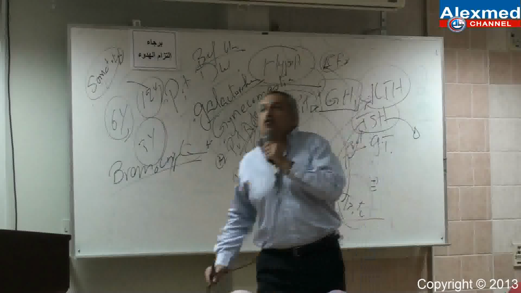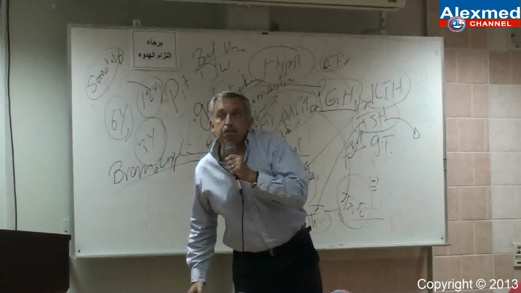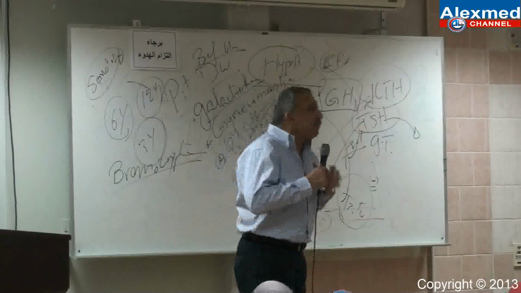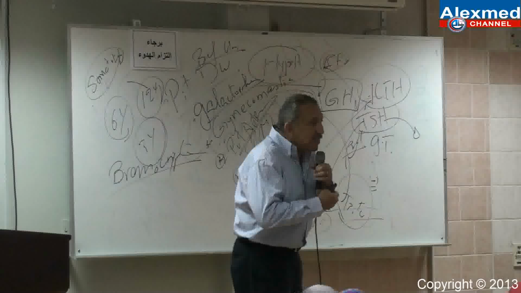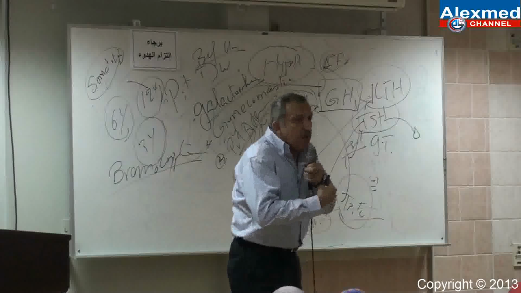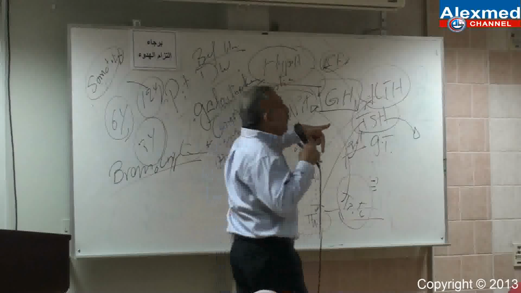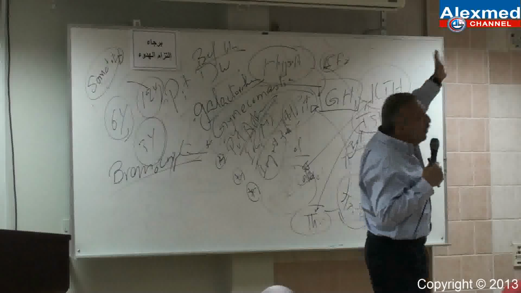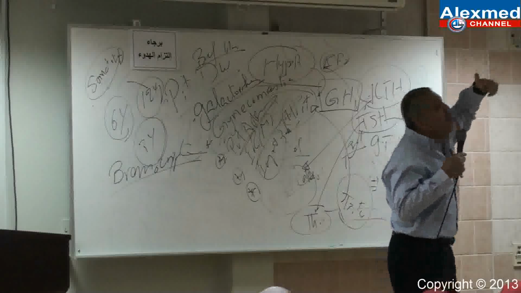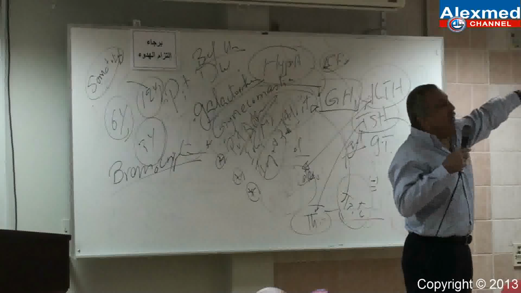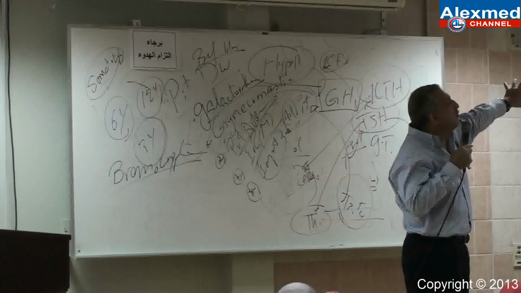What is the relation of dopamine to what I'm saying? Dopamine is the prolactin release inhibitory factor. So if I act like dopamine, I'm going to inhibit the release of prolactin, as dopamine will do.